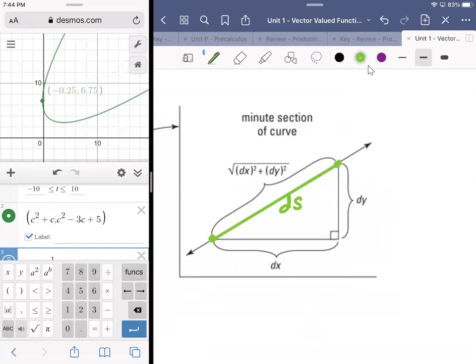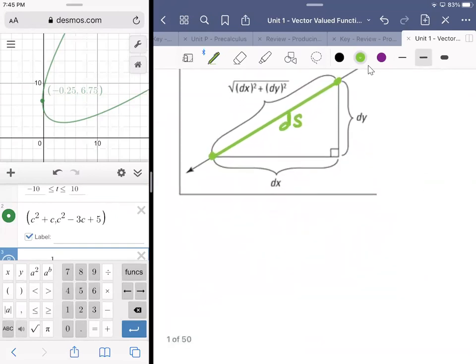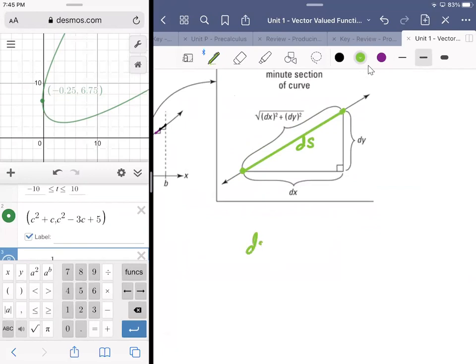And that's an important realization. Because if any kind of line segment or curve in space can be decomposed into horizontal and vertical components, then I can say that dx squared plus dy squared is equal to ds squared. And by extension, by taking the square root, I can say ds is equal to the root of what I just wrote.